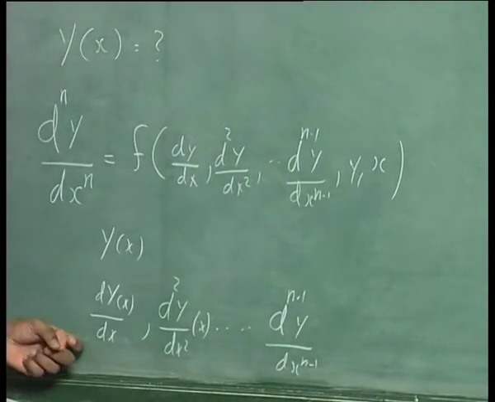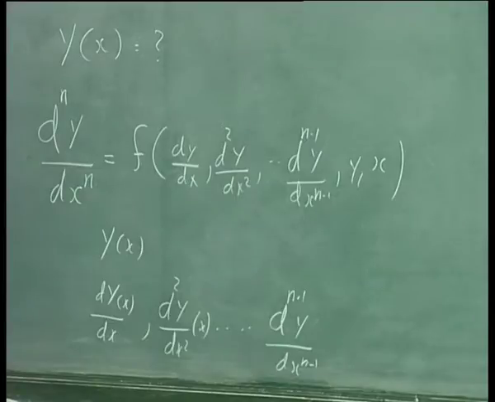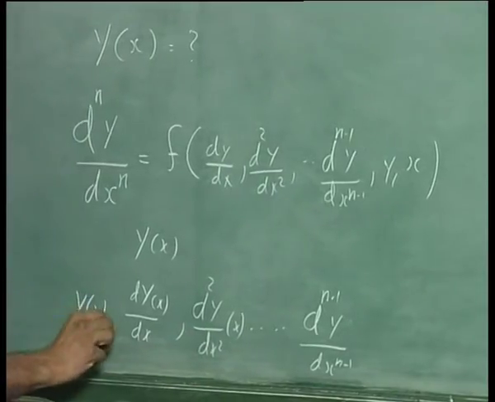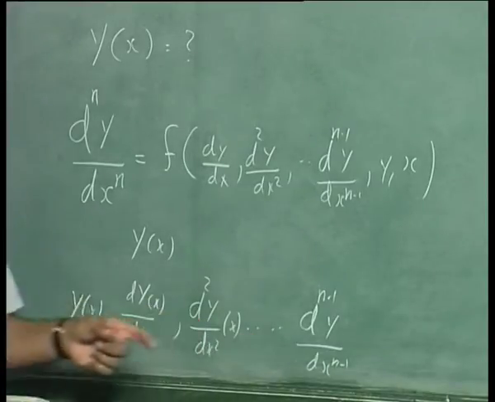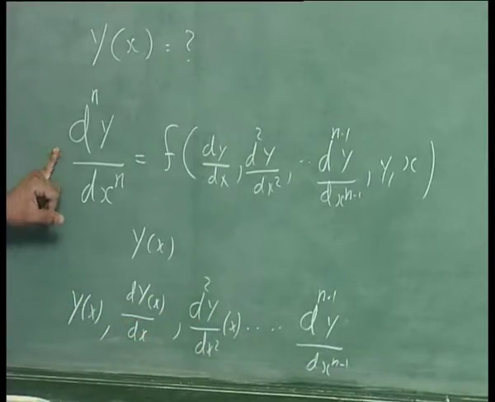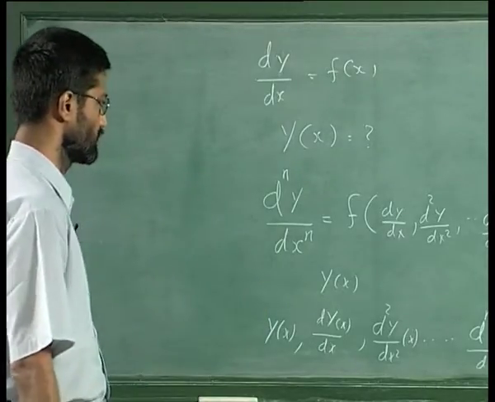So find all these quantities, and also y of x and all its derivatives. If you solve this equation, what you mean by solution would be to find all these quantities.